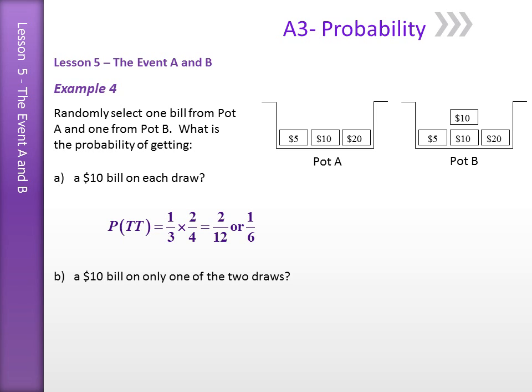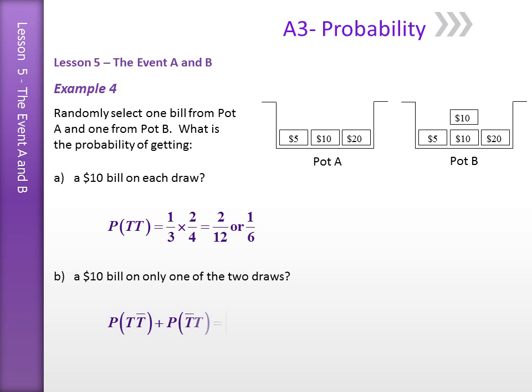Now we want a $10 bill on one of the 2 draws. So we'll split this up into 2 cases. We'll split this up as where we get a 10 on the first draw and then not a 10 on the second. Add it to the probability of not a 10 on the first one and a 10 on the second one. So for a 10 on the first one would be 1 over 3.